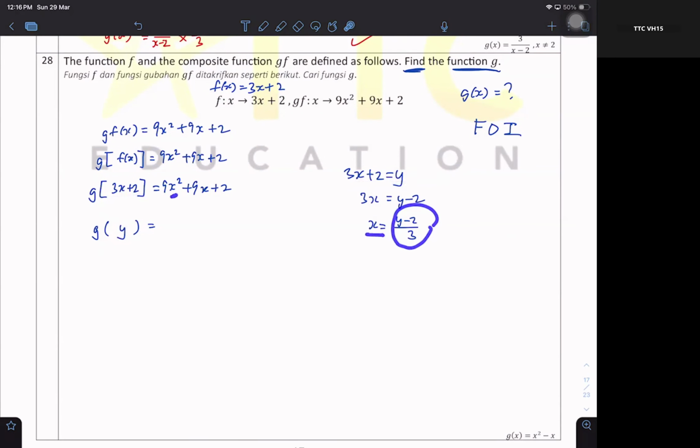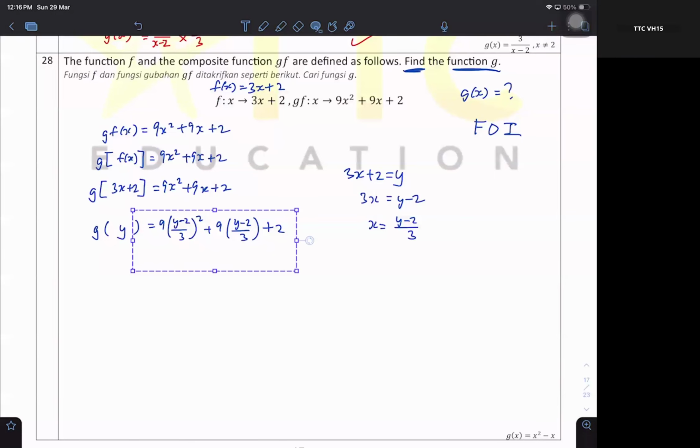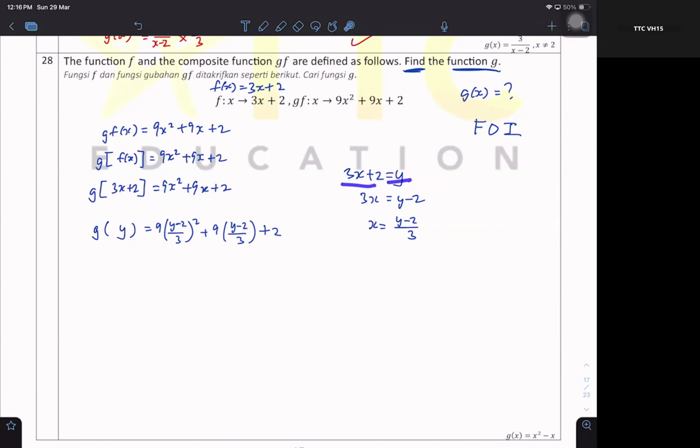Understand? Okay, good. So 3x plus 2 becomes y, and x becomes y minus 2 over 3.